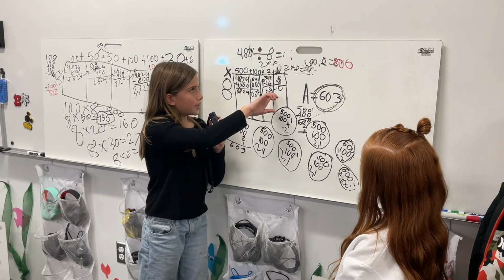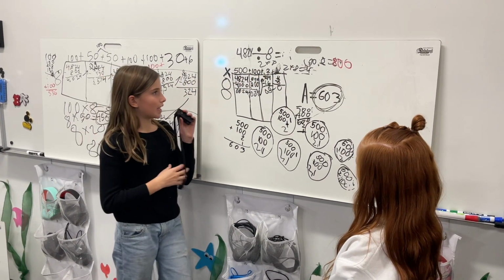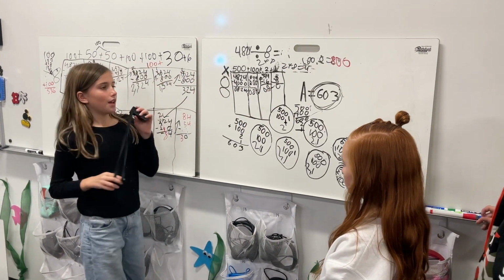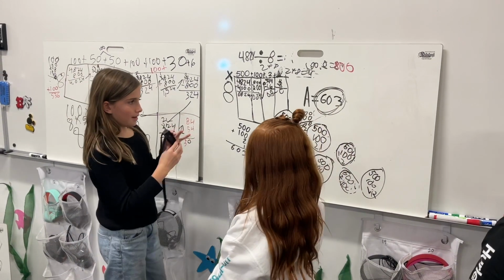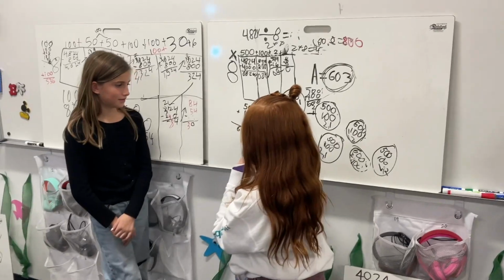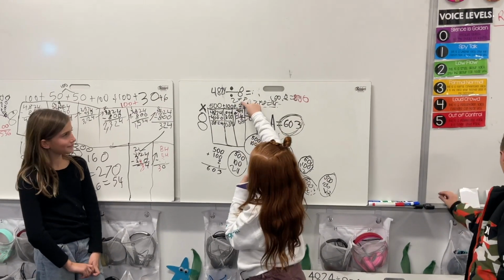Then we just added 1, and 8 times 1 is 8, and 8 minus 8 got us 0, so that means we're done with that model. Our answer is 603 because we added all of these: the 500, the 100, the 2, and the 1.